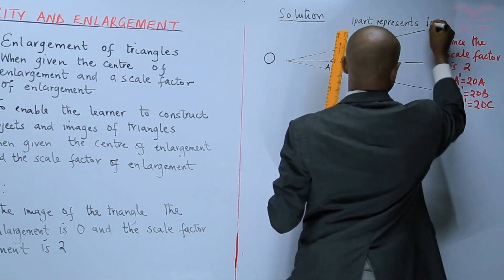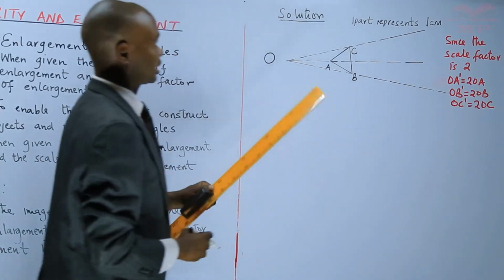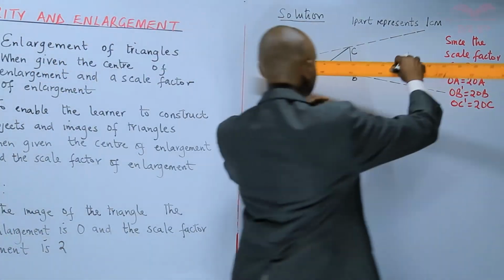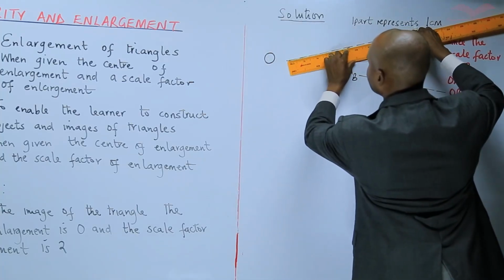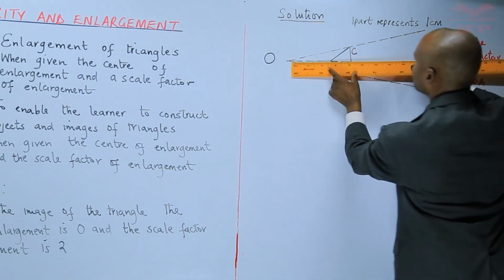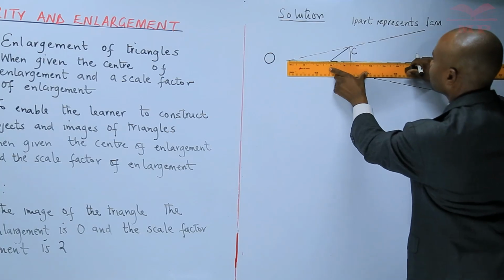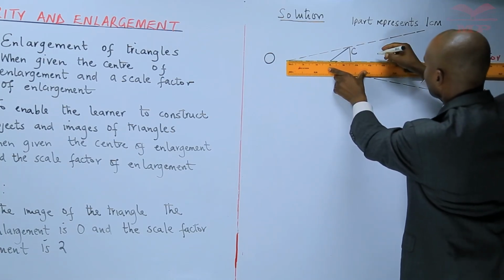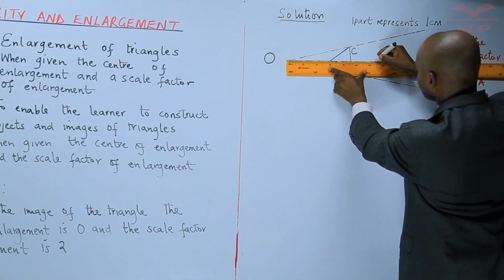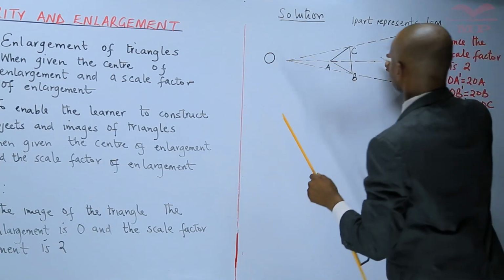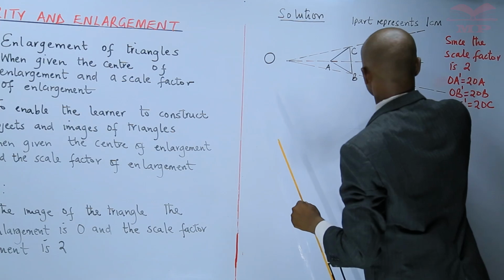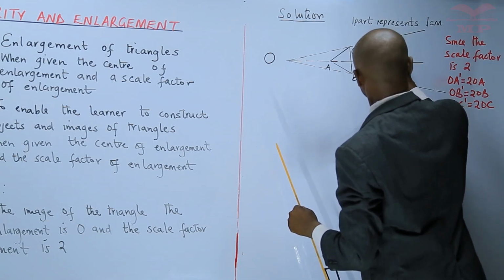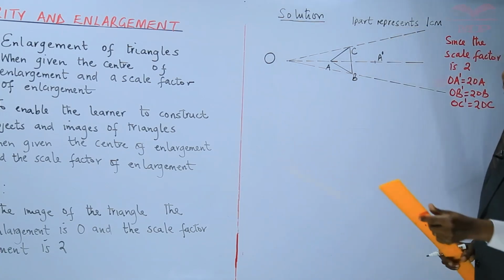Start with A, you go with me. OA is 6.2, so OA prime is 12.4. So that is A prime, learner.